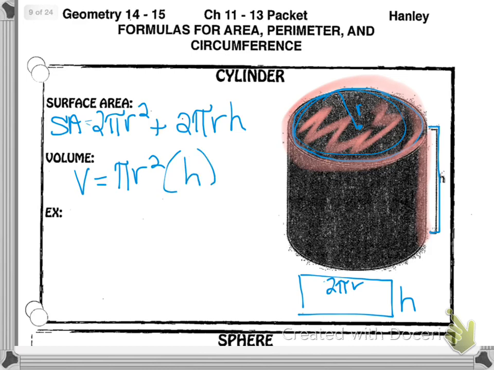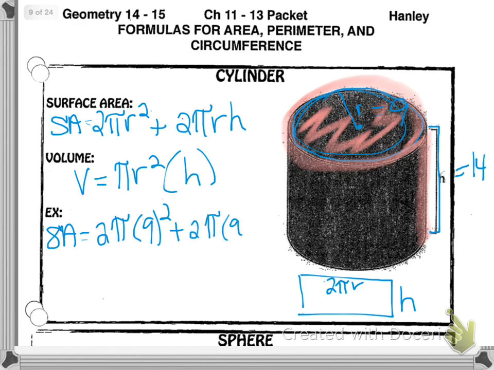These are actually fairly simple. Let's say my height is 14 and my radius is 9. To find the surface area, you're just going to have 2 times pi times the radius, which is 9 squared, plus 2 pi times 9 times the height, which is 14.